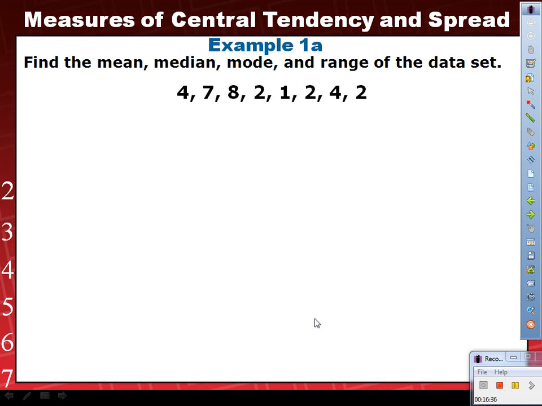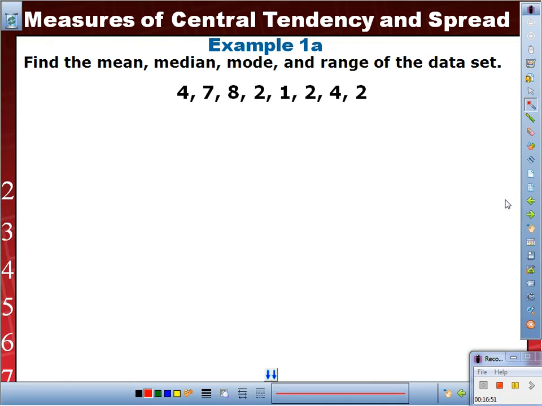So with that said, example 1A, copy that down. It says, example 1A, find the mean, median, mode, and range of a data set.